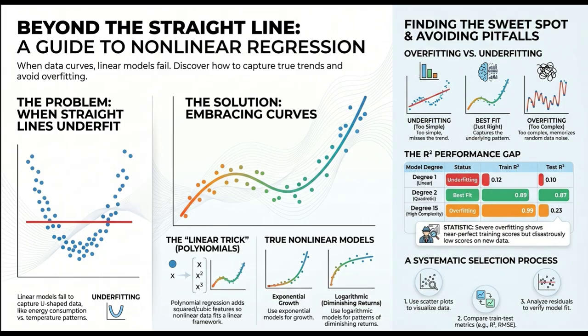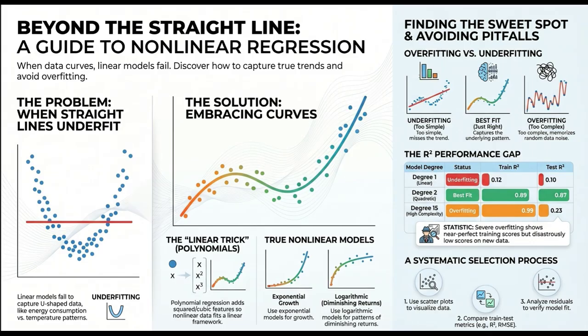As you can see in the Python snippet, we just use PolynomialFeatures from the scikit-learn library to transform the data and then apply the classic linear regression algorithm. For our U-shaped energy data, a degree 2 polynomial creates the perfect parabola.